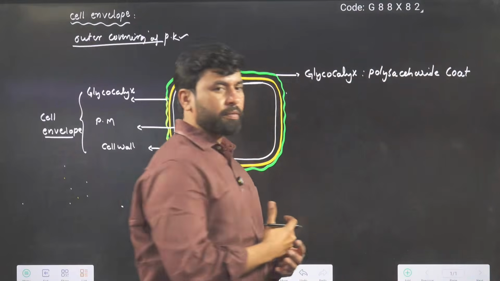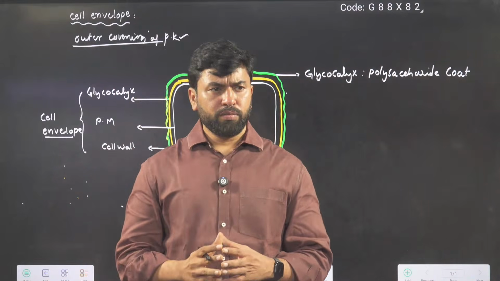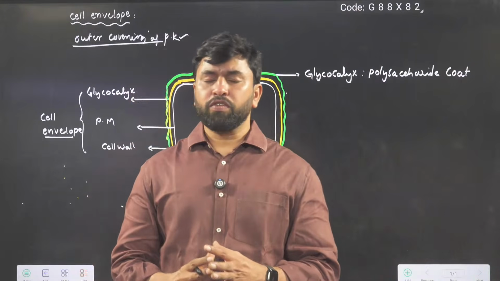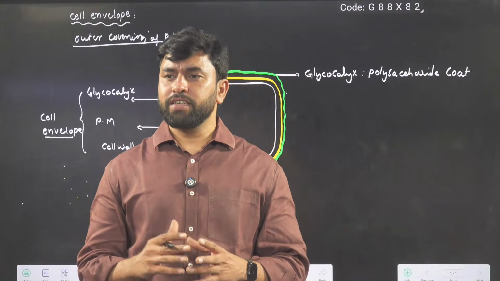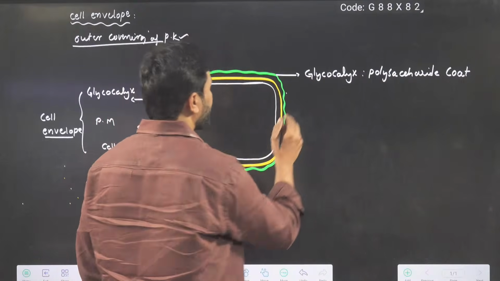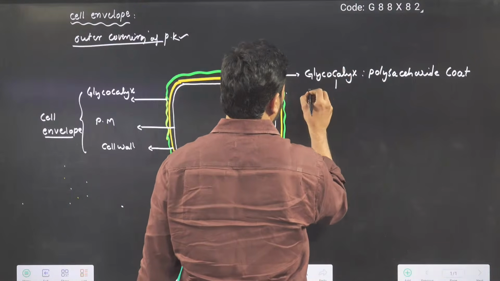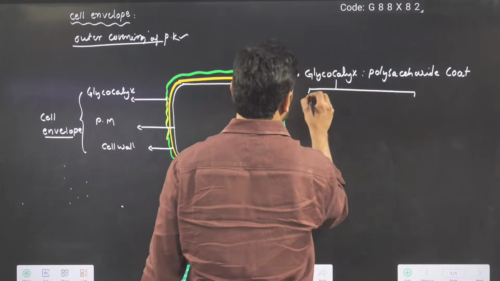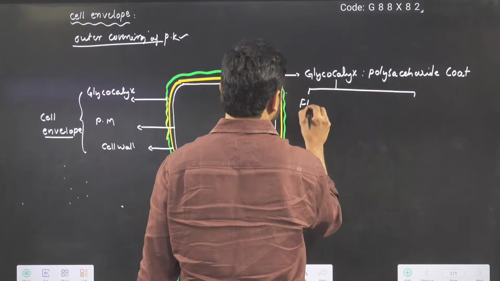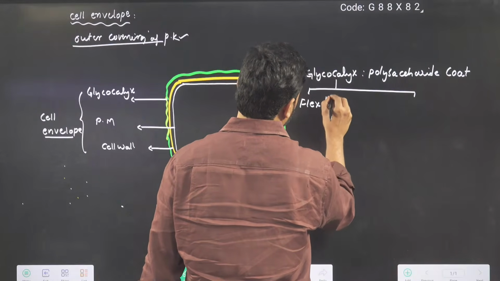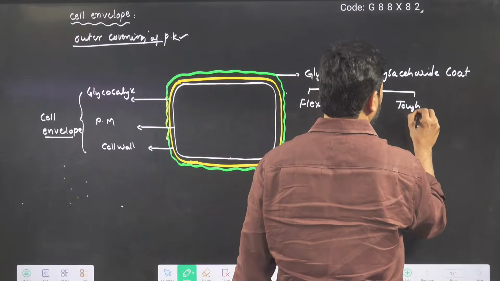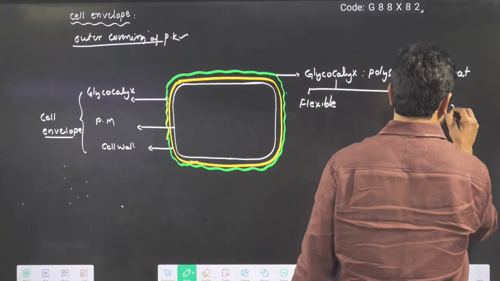Not all bacteria possess glycocalyx. Most of the bacteria without glycocalyx can survive. If a bacterium possesses glycocalyx, it is made up of polysaccharide. Next, on the basis of its physical composition, sometimes it is flexible, and sometimes it is tough and rigid.